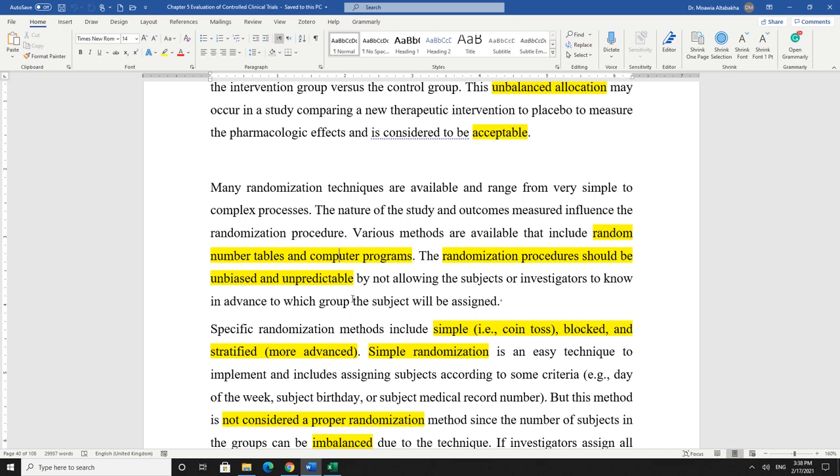Maybe more faces will come up as you toss the coin, so you have more in one group. Also, you might have more hypertensive patients in one group than the other. Okay, this is simple randomization.